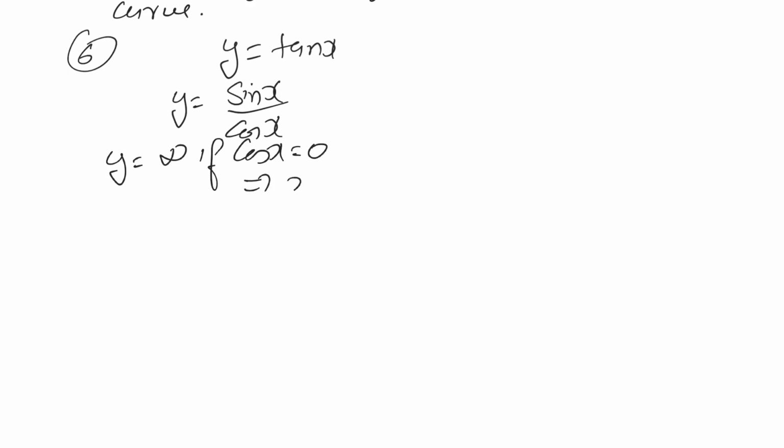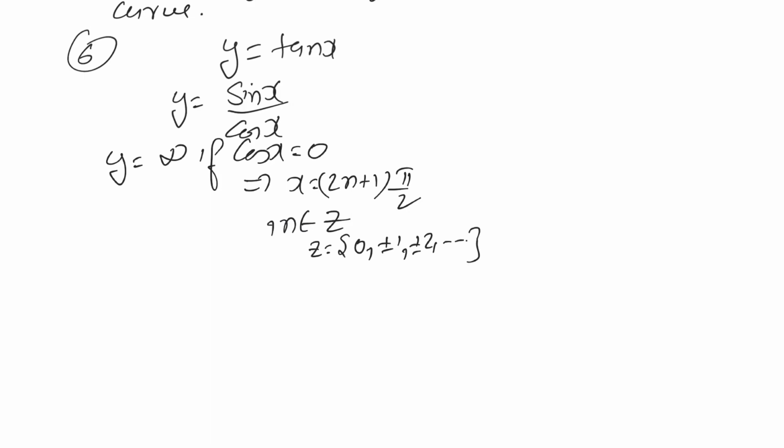This implies that x is equal to (2n plus 1) pi by 2, where n is belonging to set of integers, which is 0, plus minus 1, plus minus 2 and so on.